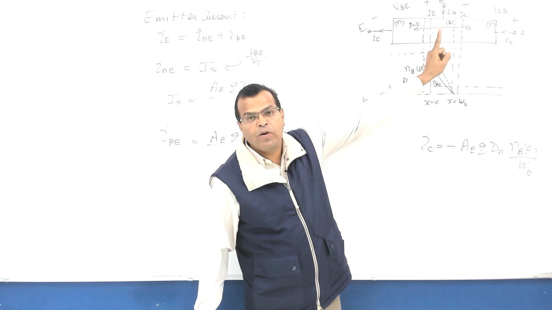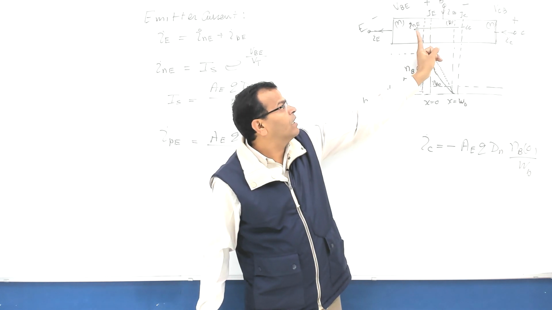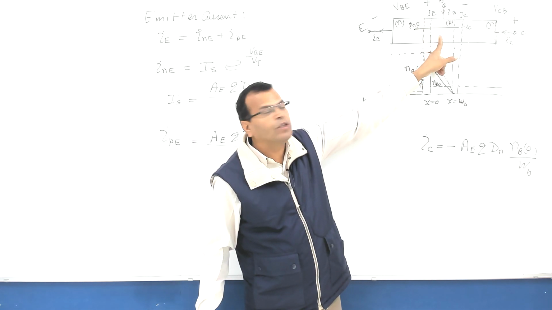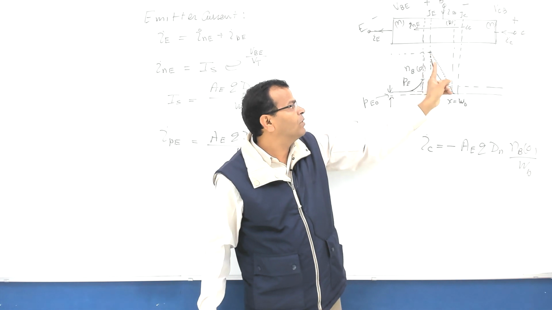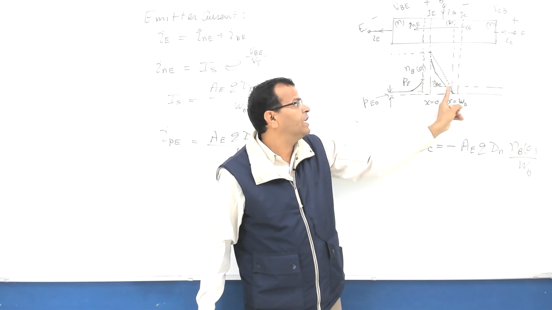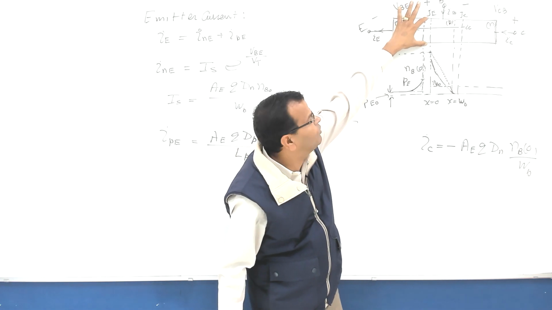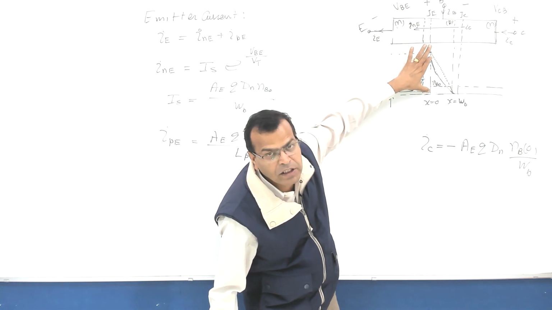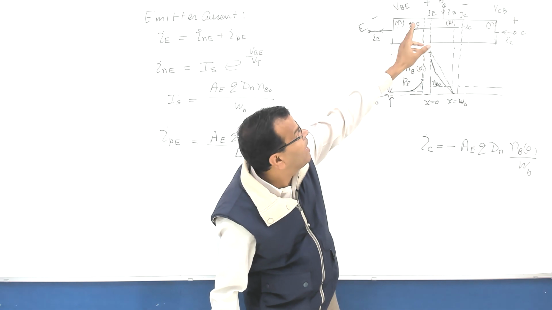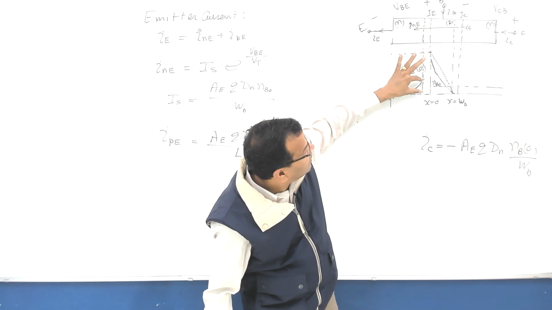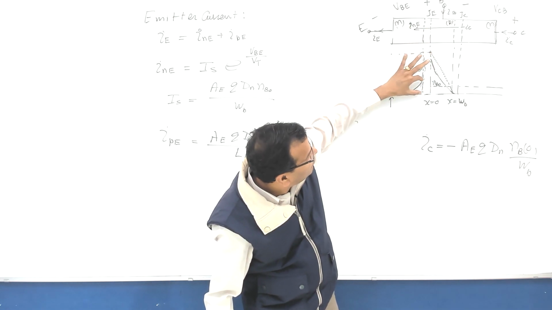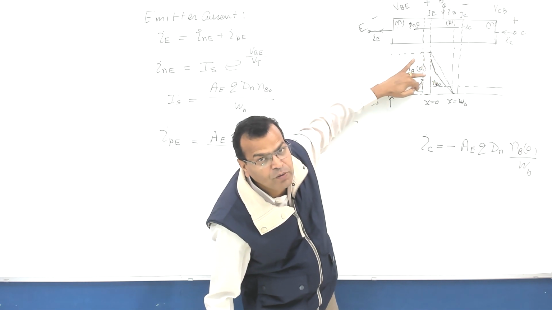One component is because of electrons which are injected from the emitter side to the base side; that component is because of the gradient in the base region. The total current passing through the junction is what? One is because of this injection of electrons from emitter to base. The second component at this point is what? Because of injection of holes from base to emitter.